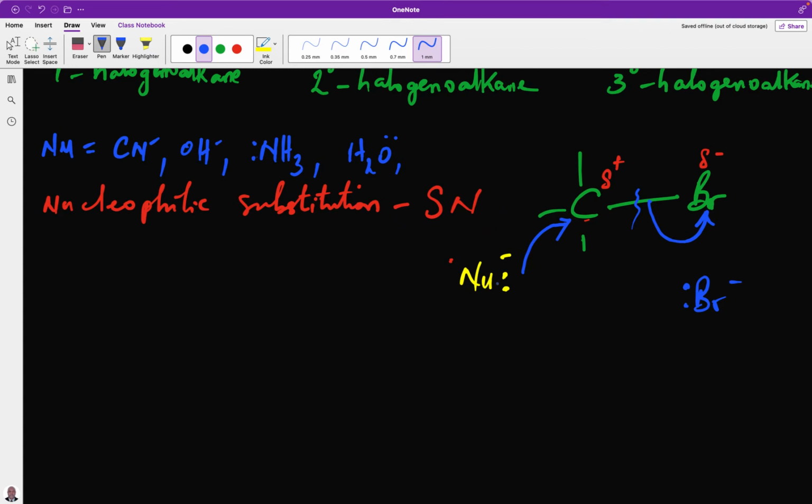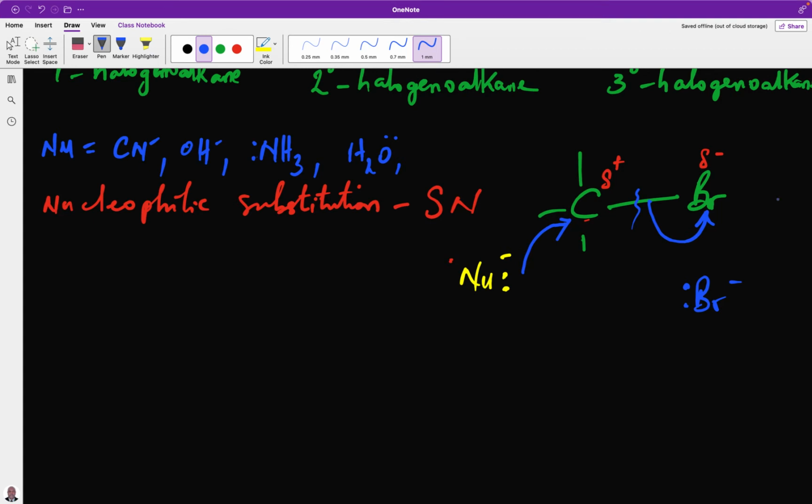So when the nucleophile attacks the carbon atom having the partial positive charge, what is it doing? At that particular time, as it is repelling the electrons, it is donating its lone pair of electrons to the carbon.